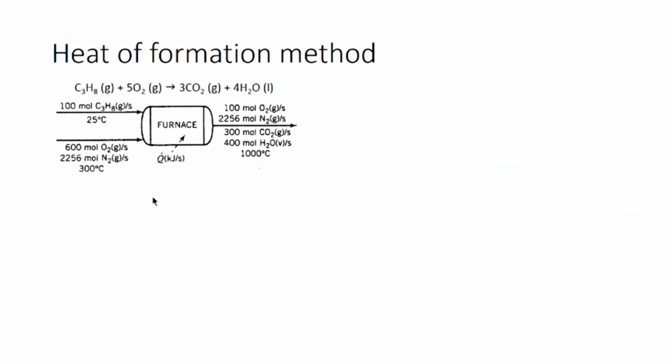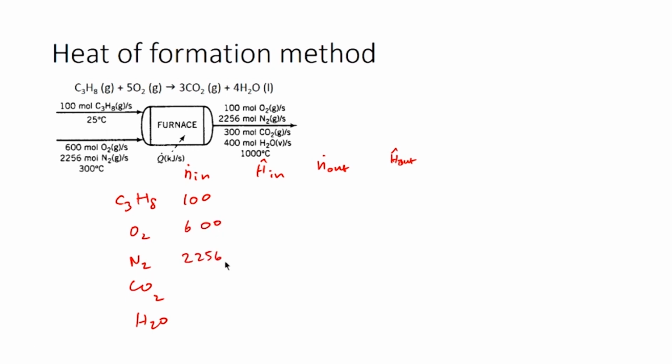So, what you would end up with would be, for C3H8, N dot in, H cap in, N dot out and H cap out. So, you have propane, oxygen, nitrogen, carbon dioxide and water. In propane you have 100 moles coming in, oxygen 600 moles coming in, and nitrogen 2256 moles coming in, and the others are not coming in.